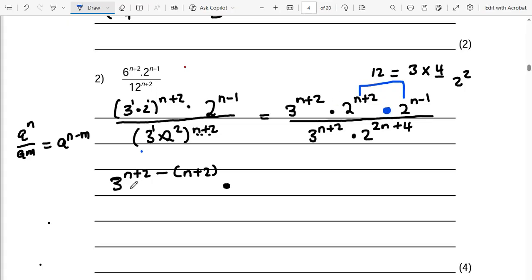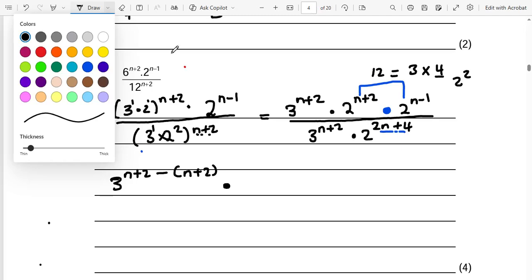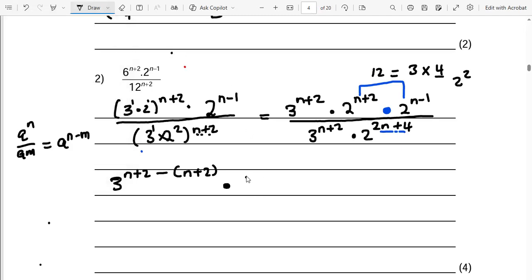What do you do to the exponent? We're going to add them, and then we're going to subtract the one on bottom. I hope you guys are not lost on that one. So we're going to write this as the one on top, which is n plus 2. We are multiplying the same base, we add the exponent. Then that's when you can subtract the one on bottom, which is 2n plus 4.